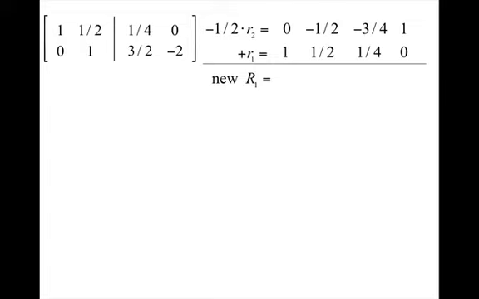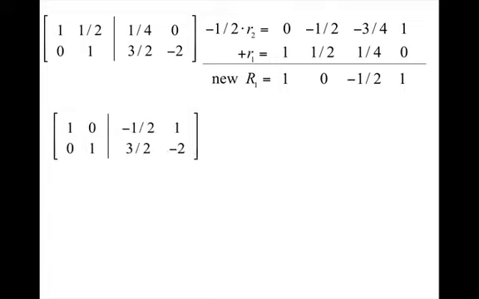0 plus 1 is 1. -1/2 plus 1/2 gives me the 0 that I wanted. -3/4 plus 1/4 gives me -1/2. And 1 plus 0 is 1. So row 1 becomes 1, 0, -1/2, 1.